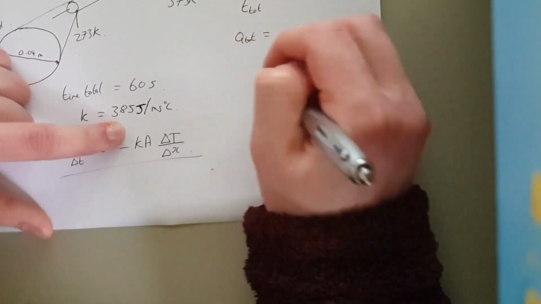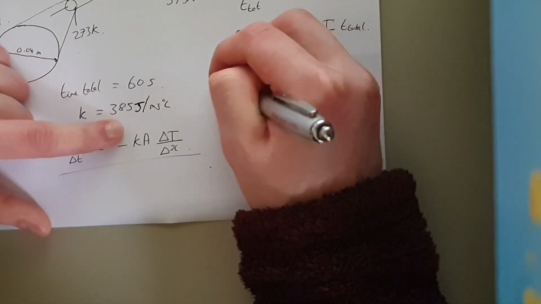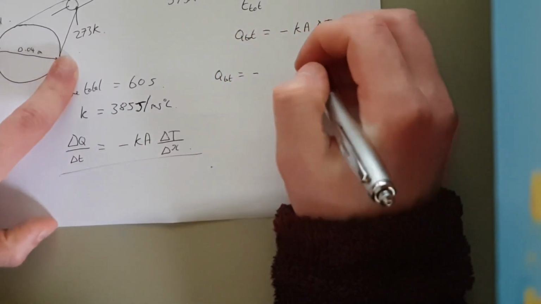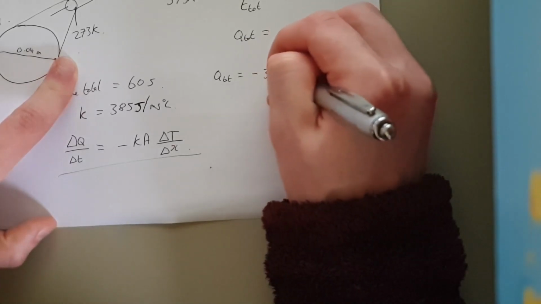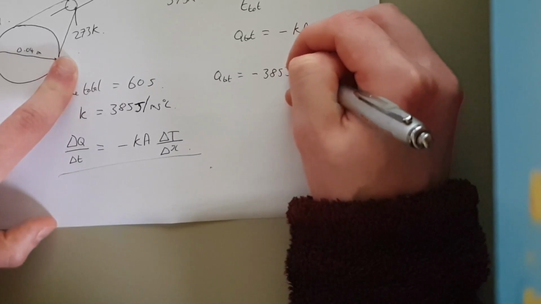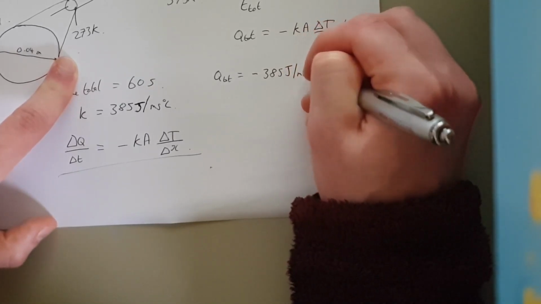So Q tot is equal to minus 385, and I'm going to put all the units in as well. This is going to be lovely. Joules per meter second degree.